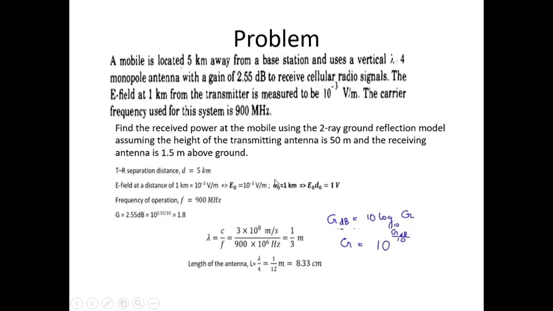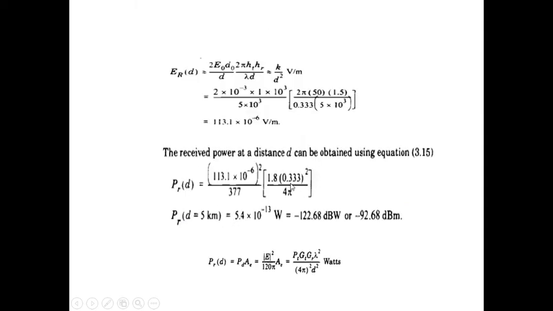The value of GR we have got here as 1.8, and this is lambda square divided by 4 pi. Then we will get the value of received power. Being power, it is expressed in terms of watts or dBm. So this is the expression which we use to find out the received power once we have got the value of capital E.